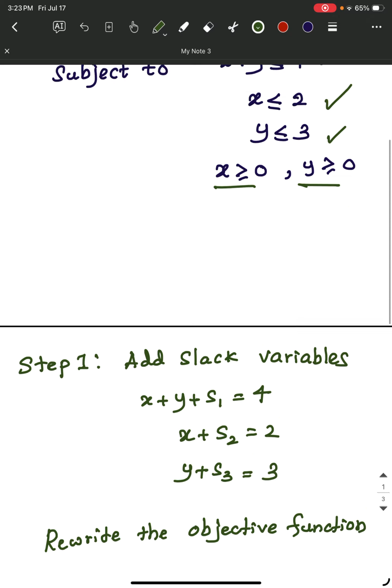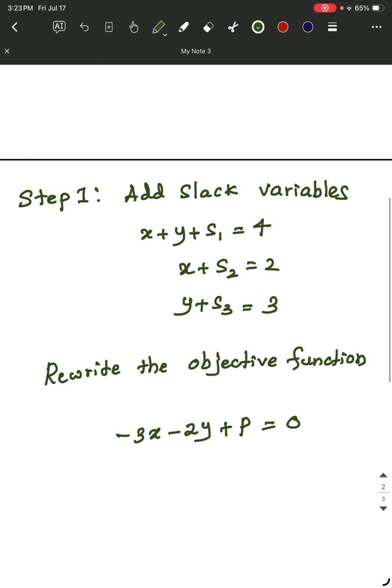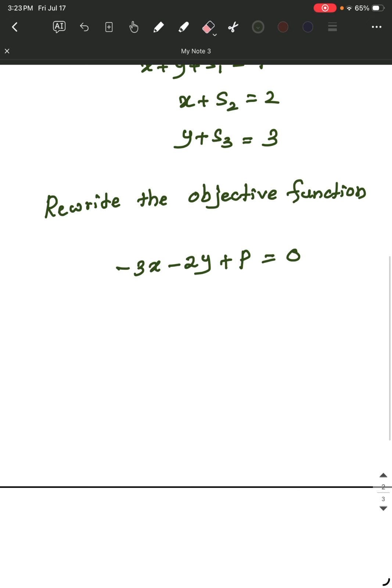So the objective function here is negative 3x, negative 2y plus p equals 0.